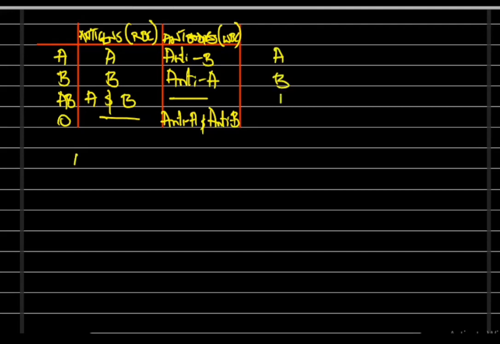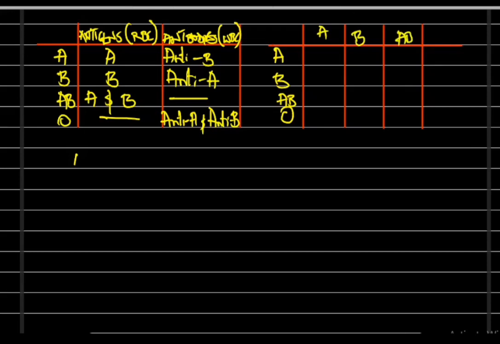A, B, O. And then we now have A, B, AB, and O. So this one here happens to be the recipients, while these ones here, they are the donors.